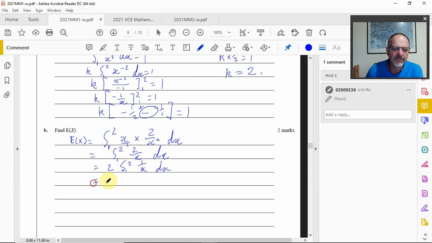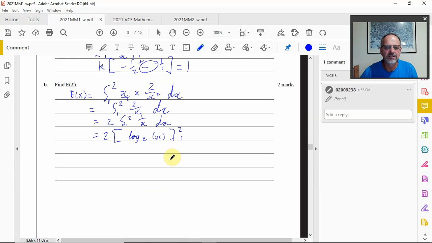So when we anti-differentiate, that becomes log to the base e of x, from 1 to 2. So that means leaving that 2 out there. I'll deal with that later. Log to the base e of 2 minus log to the base e of 1.